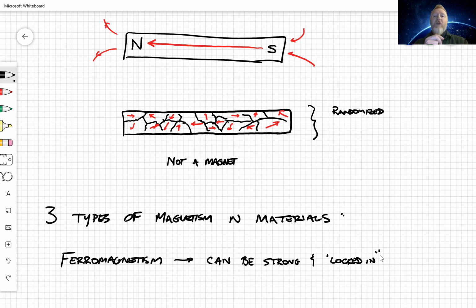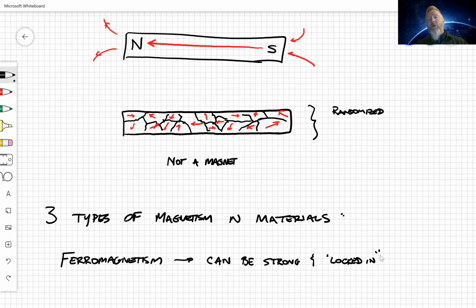Some ferromagnets you can put near another magnet and their domains will line up, and then you can take the magnet away and the domains will stay lined up for a little while. This is the idea of a magnetic screwdriver: you hold it near the screw, then take it away, and the screw is still a little bit sticky to something else. You say, oh, there's still a little bit of magnetism left in it, and there is.